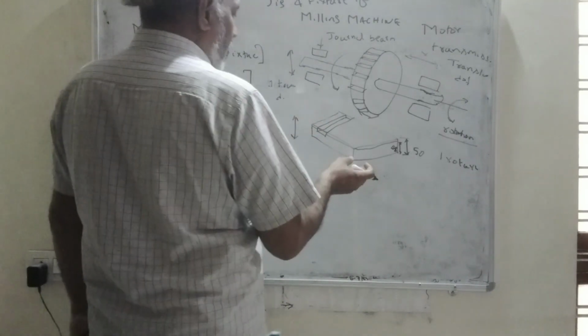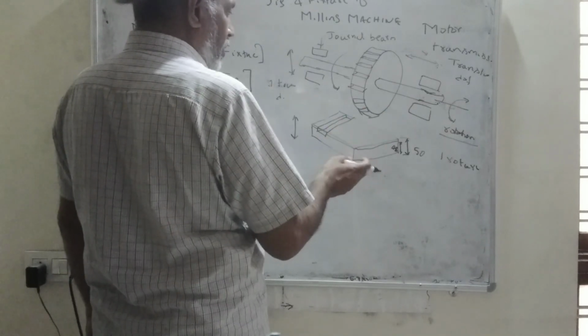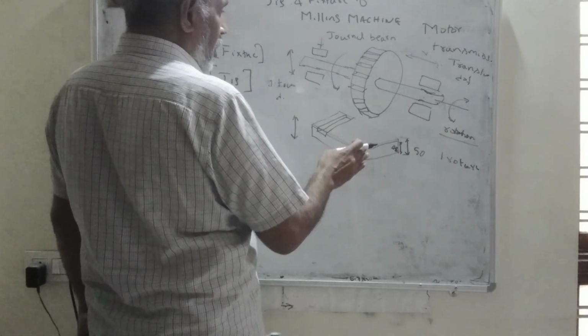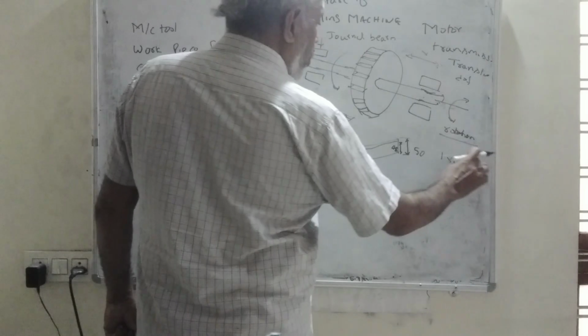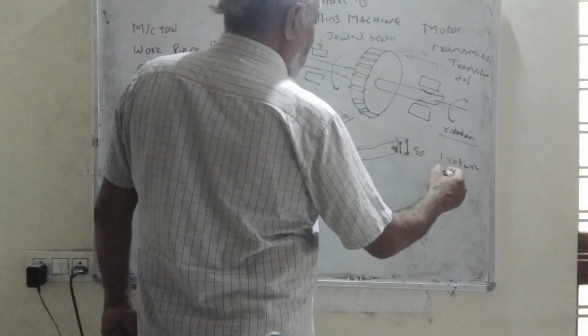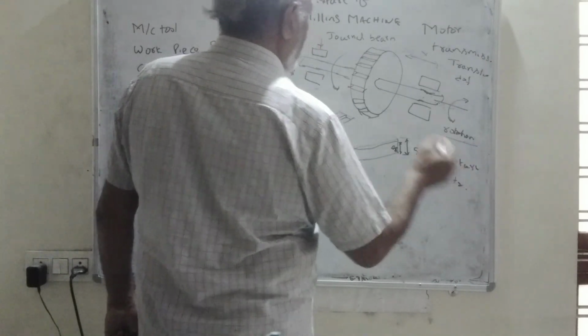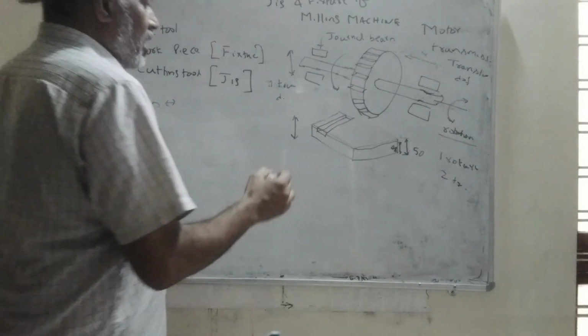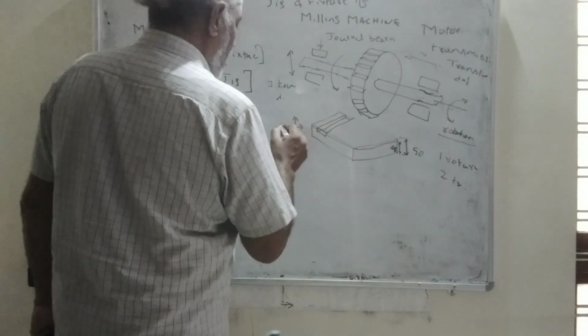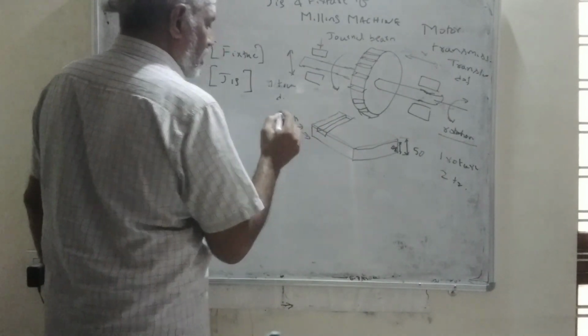That means the plate can move up and down. If you are not providing two translatory degrees of freedom to the jig, then the fixture should have three translatory motions.